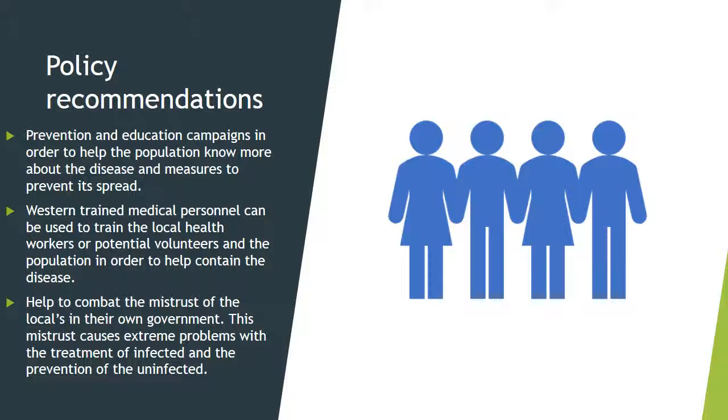Something very important that we need to combat is the mistrust of their own government. This mistrust will not only cause needless infections, but it could cause more problems down the road. A big push for this is to help the governments do what they need to do to gain trust, such as the national government, which the people do trust, coming in and taking the lead to help revamp the local government.